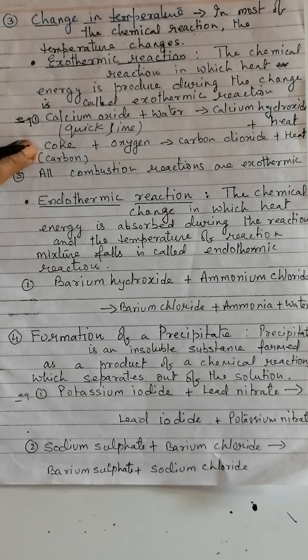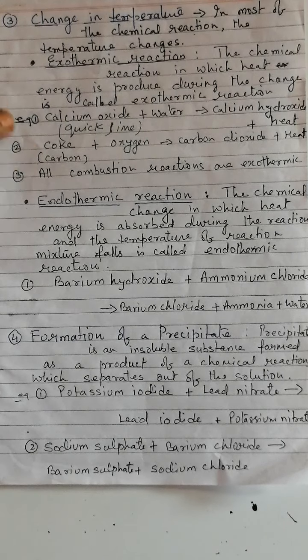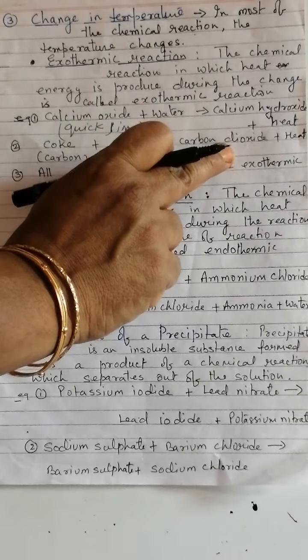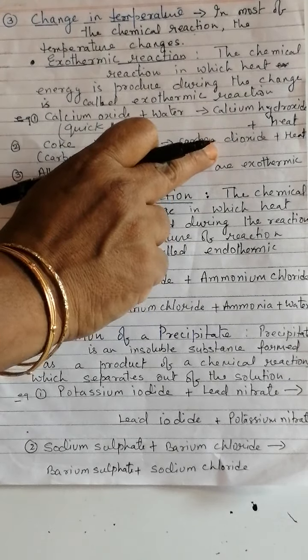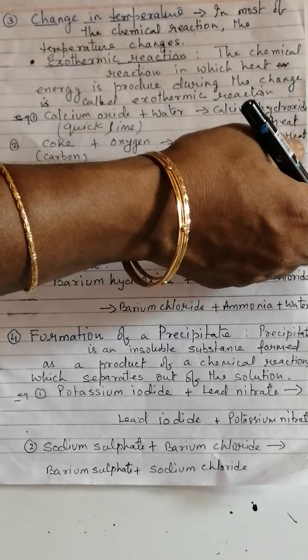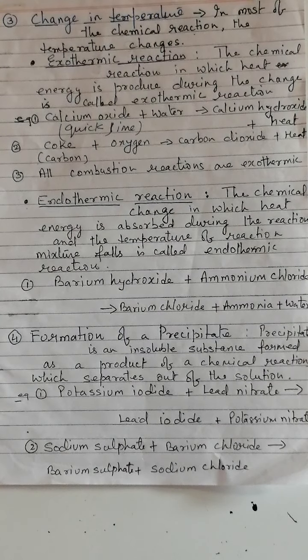Likewise, when you burn coke or coal, any combustible substance, they burn in the presence of oxygen to form carbon dioxide. Along with the carbon dioxide, heat is evolved, either a huge amount or less amount, but heat will always be produced. So we can call this an exothermic reaction.